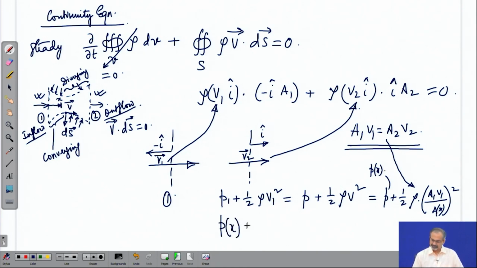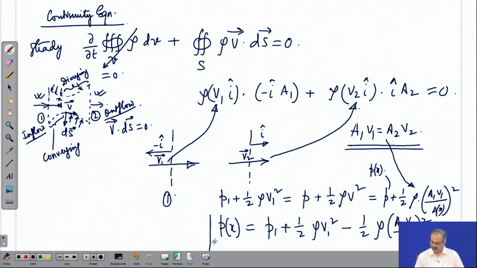So, P x will finally turn out to be P 1 plus half rho V 1 square minus half rho A 1 V 1 by A x whole square. So, this is how pressure would change as you move along the duct.